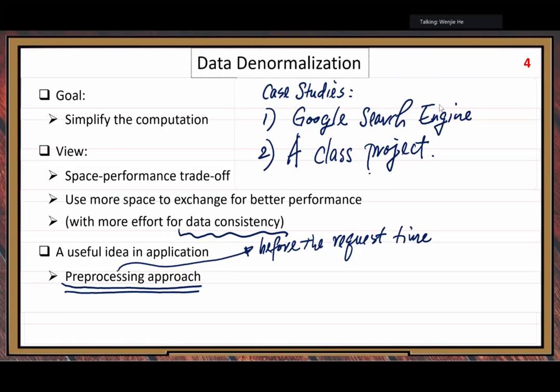Then, when your users send their requests, search engine requests. In that class project, we also do the search. So this project is also related to another Google application. Because in our class, we can only do simulation, right?